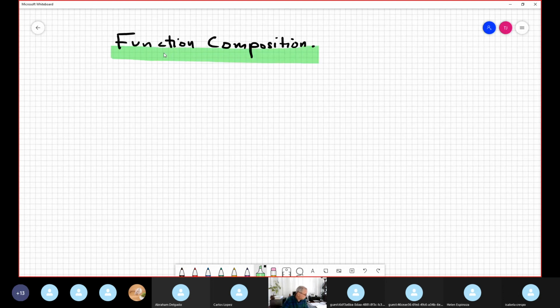Well, look, you have two functions. You have the function f of x, and you have the function g of x. And you combine them in this order, f composition g.